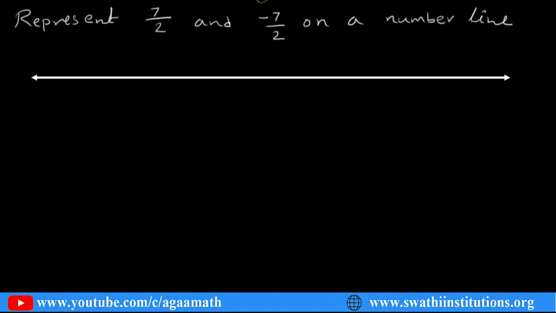In the first case we had only a negative number, but here we have both positive and negative, so I represent 0 here.